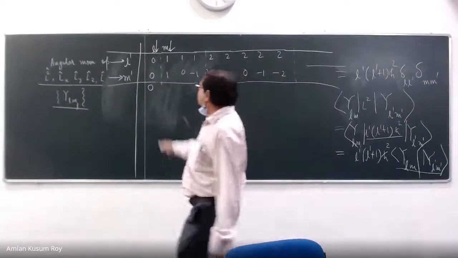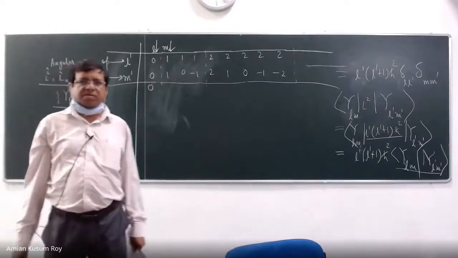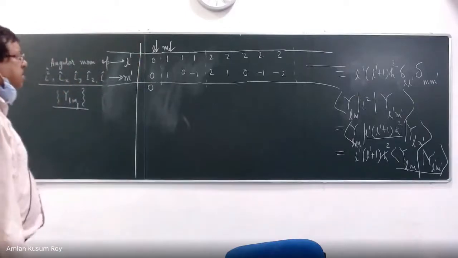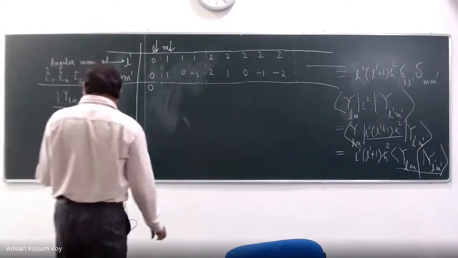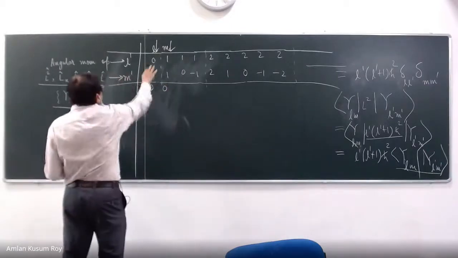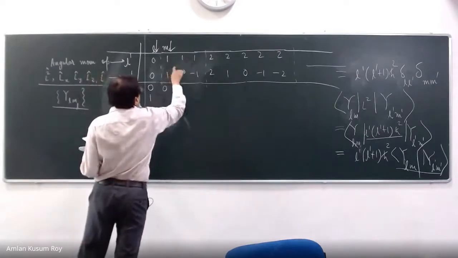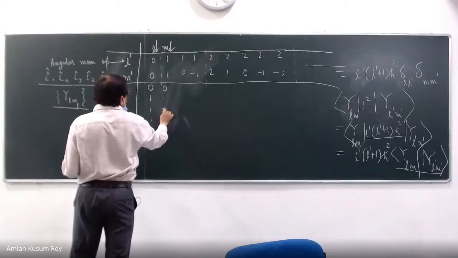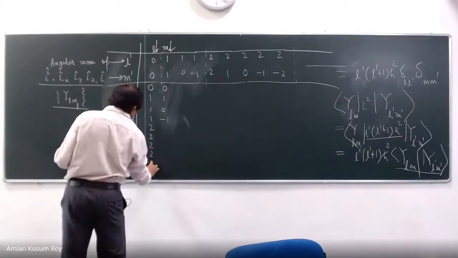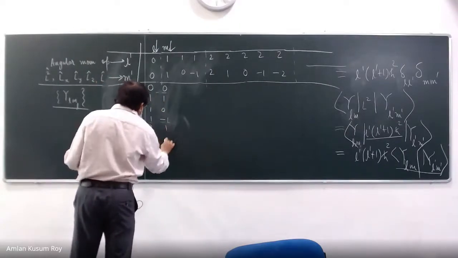Okay? Now for this one also you do it like this. Please do it and see what is going on. So now I have 0, 0, and 1, 1, 1. I will write in the same order 1, 0, -1, 1, 0, -1, and then 2, 2, 2, 2, 2. These are actually called submatrices.